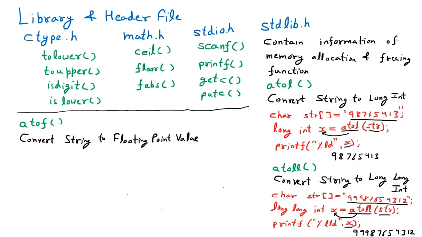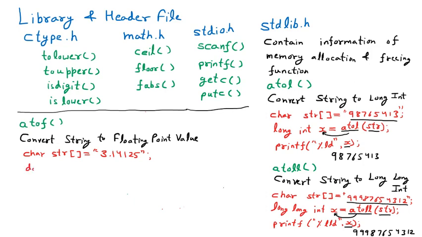I'm taking one example to make you understand. Let us suppose that we are having a character string, and that is equal to, somebody has stored the string value, let us suppose 3.14125. Now you want to convert it to the floating point, then we will use the function.